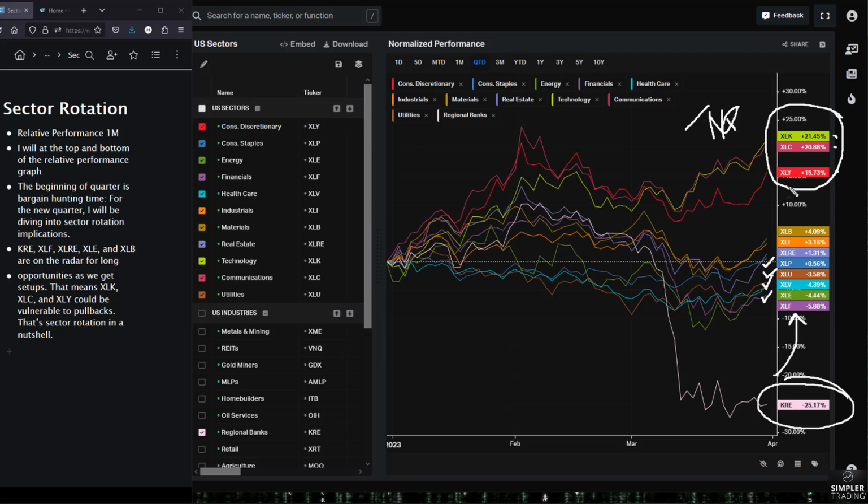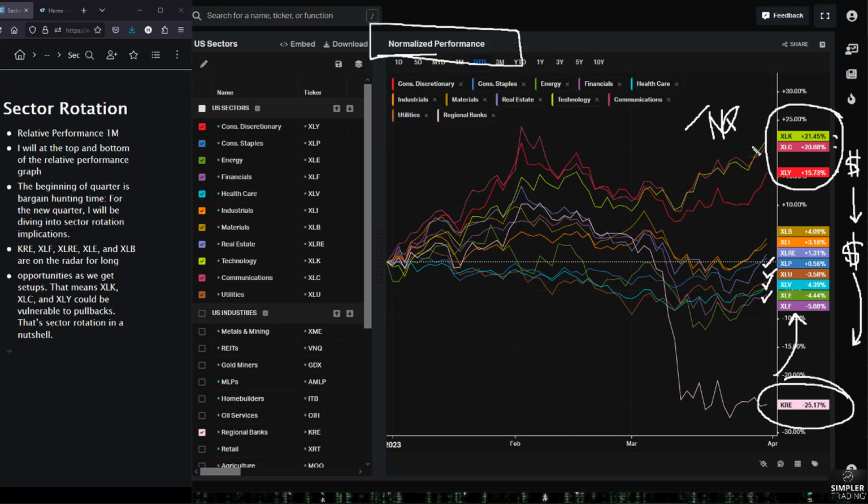Sector rotation would be these particular sectors seeing some profit taking, which means they start to move lower, and that money flowing into some of the bargains, usually in the bottom half or even the bottom third or quarter of the normalized performance.